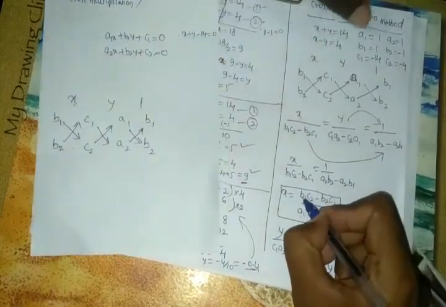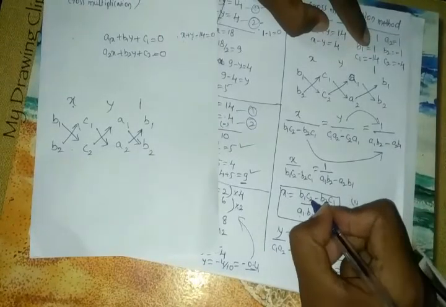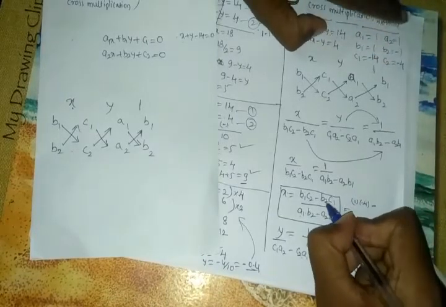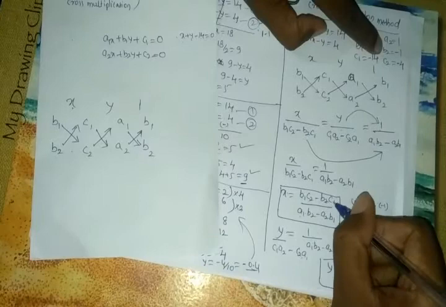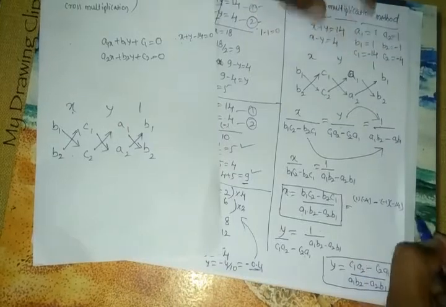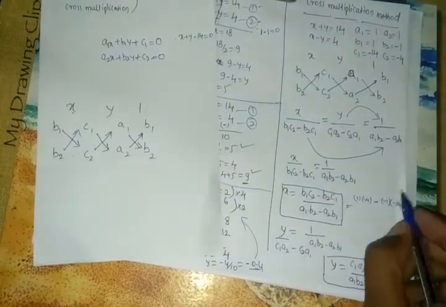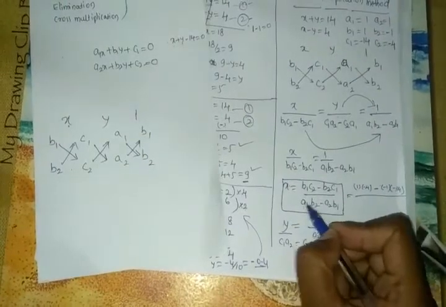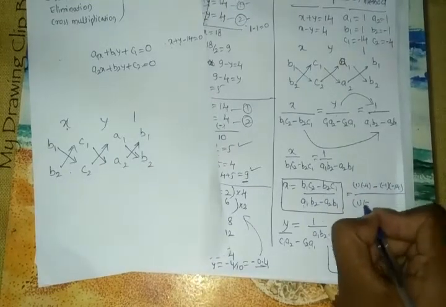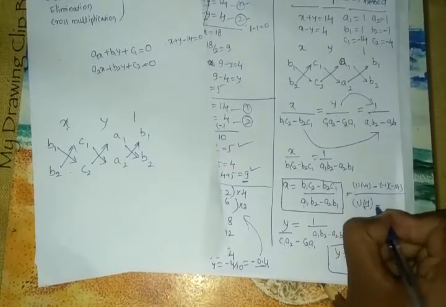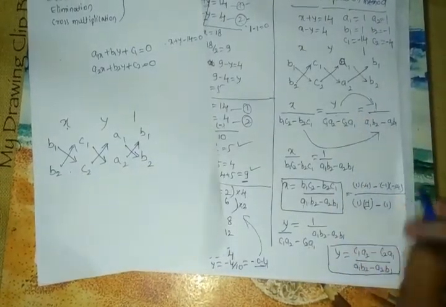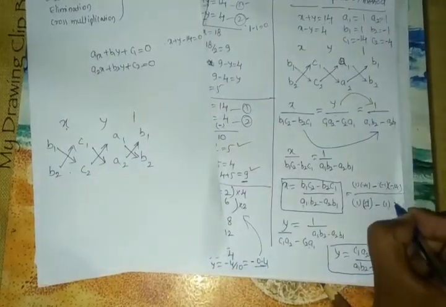So b1 is 1, c2 is minus 4, minus of b2 is minus 1, and c1 is minus 14, divided by a1 is 1, b2 is minus 1, sorry, this is minus 1 into the bracket, minus of a2 is 1, and b1 is plus 1.